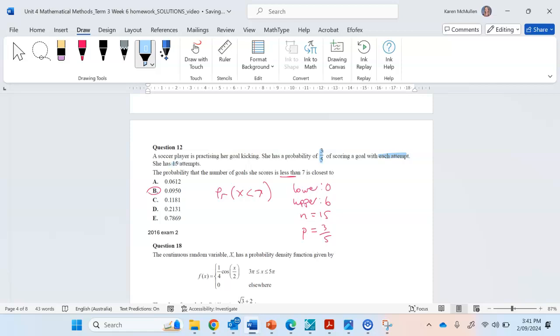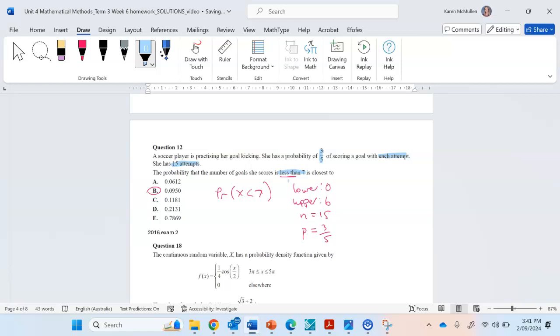She has 15 attempts. All right, so we're looking at discrete, basically. So 15 is our value of n, so 15 trials. And we want to score less than 7. So when you're dealing with binomial or discrete, it is extremely important that you get your inequalities correct.